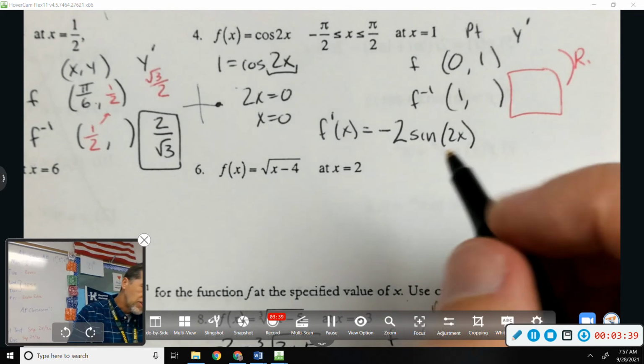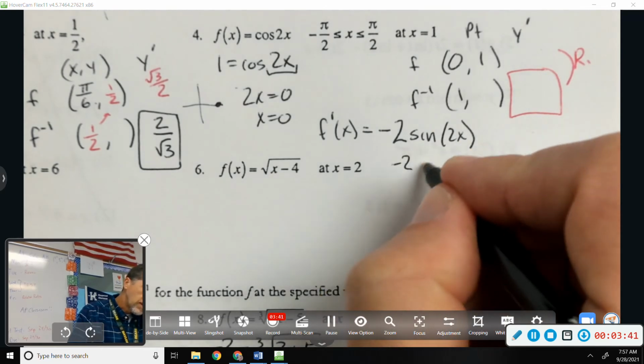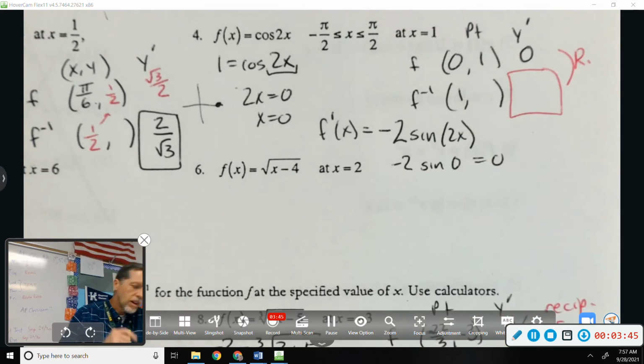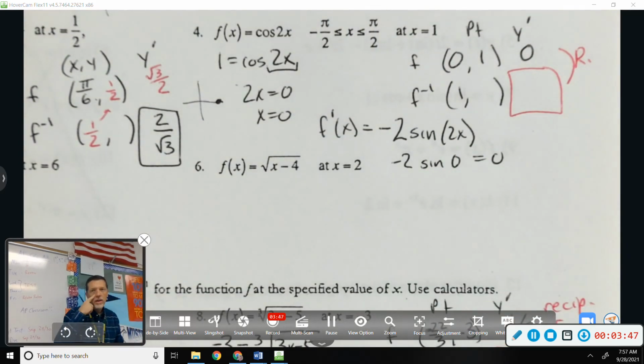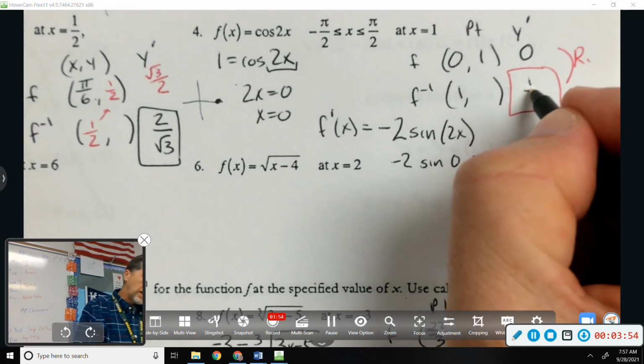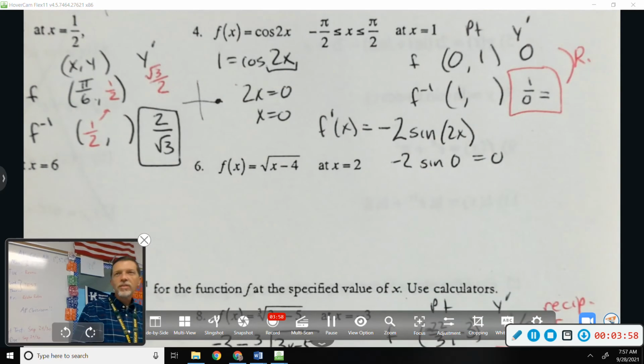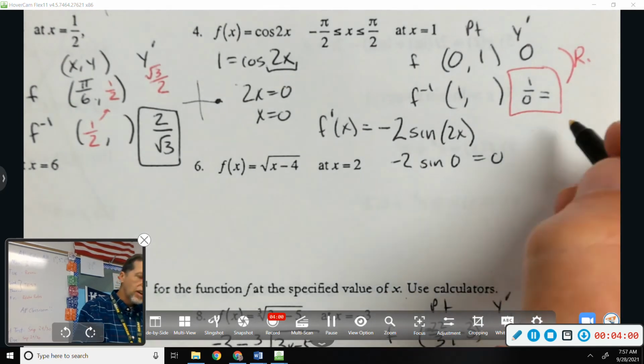So if I plug in 0, negative 2 times sine of 0 is 0. So that derivative is 0. And what's the reciprocal of 0? I mean, I guess I could write it, but that's not really my final answer. What's 1 divided by 0? Undefined.